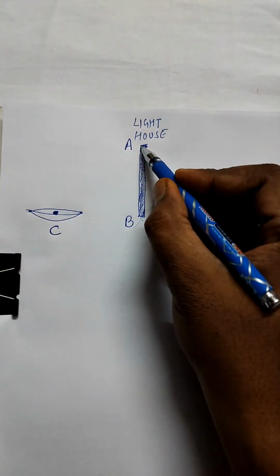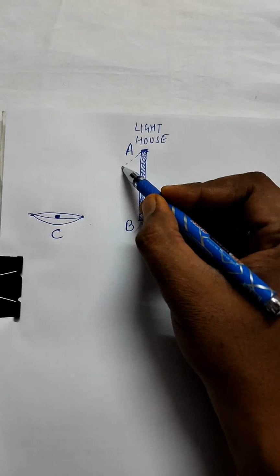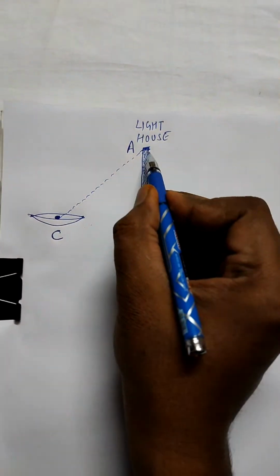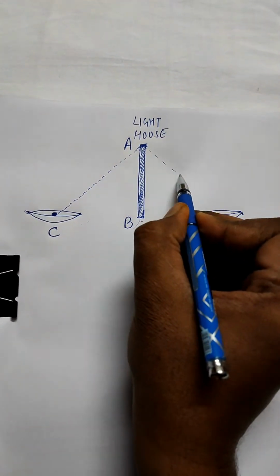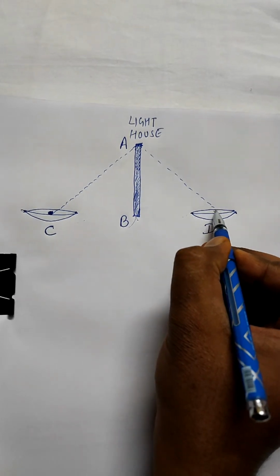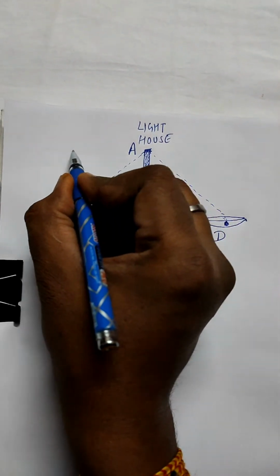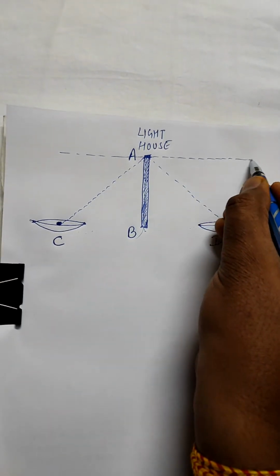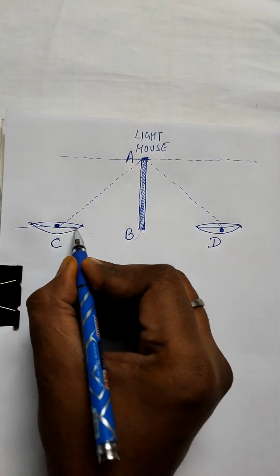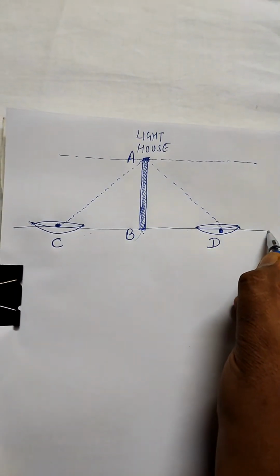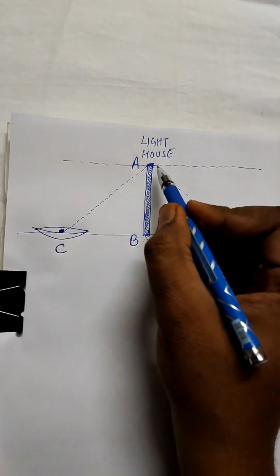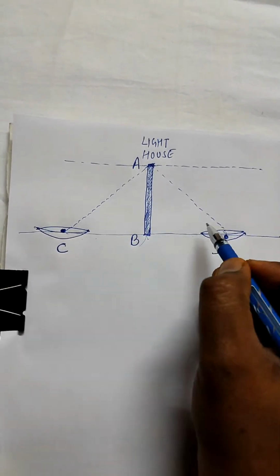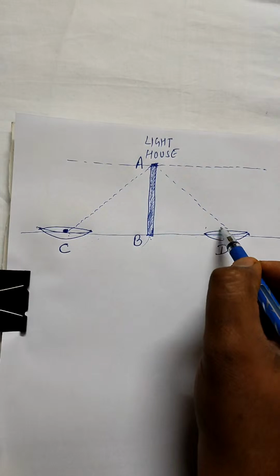So from here, if you are seeing these ships, if this is the ship, right, and this is another ship, then the angle of depression, if you just consider this as a horizontal line parallel to the horizon, the horizontal line of ground, right, then the angle of depression from the top of the lighthouse for the two ships are alpha and beta respectively.